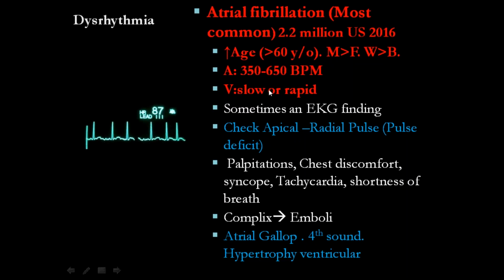So for atrial fibrillation, one thing I would like you to remember is that we need to check the apical-radial pulse, or pulse deficit. For the apical-radial pulse you need two people, two nurses. First, they check the fifth intercostal space, below the nipple, where the apex of the heart is.